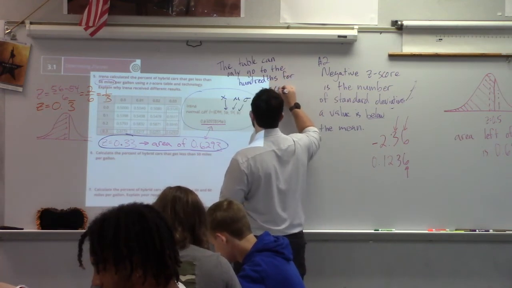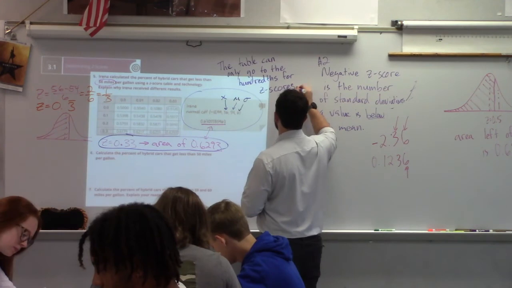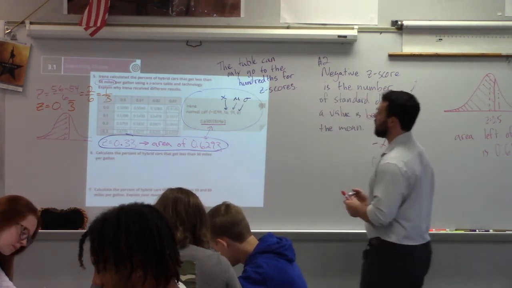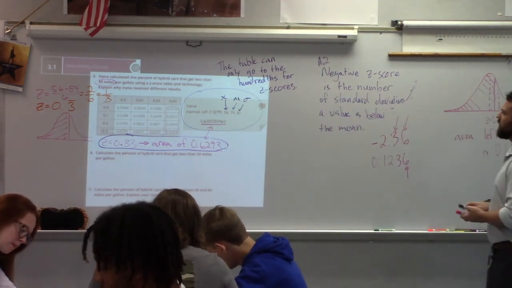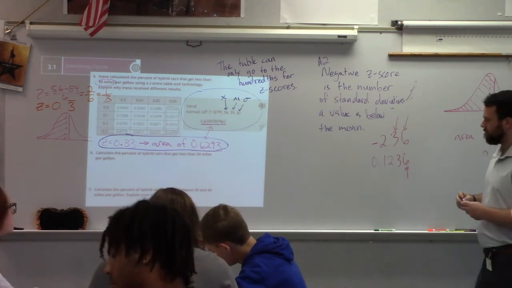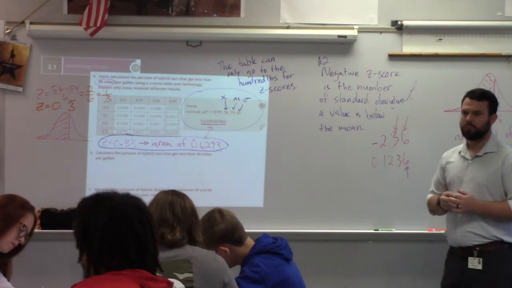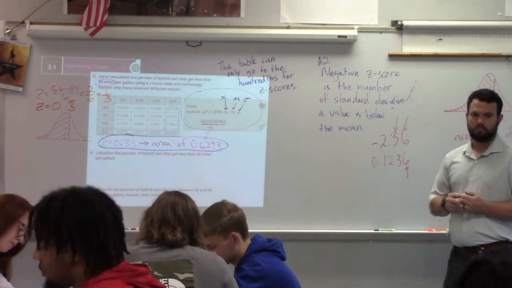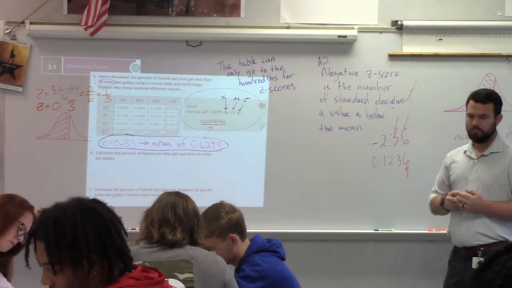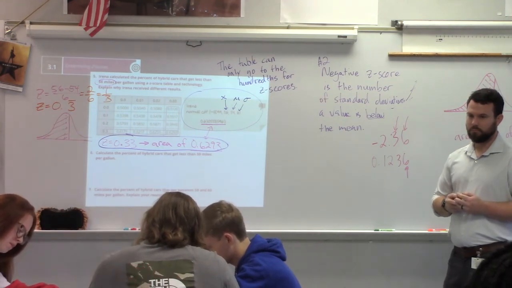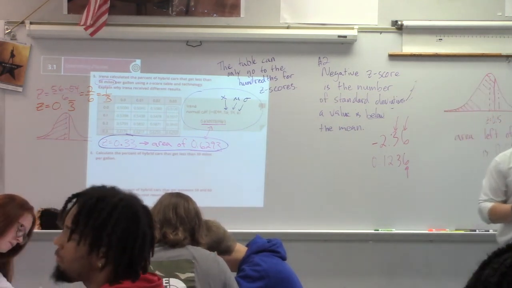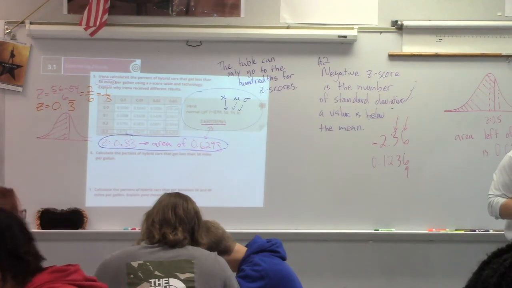And again, you gotta be careful about z-score versus area. Right now we're talking about the z-score. That table can only go to the hundredths for the z-scores. Okay.